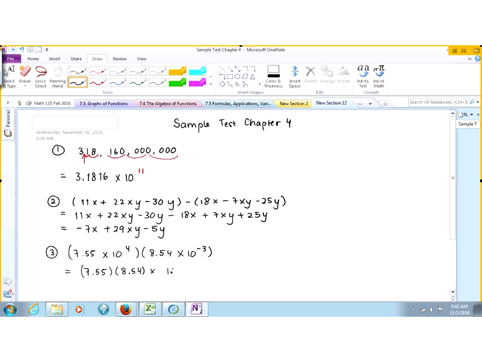What about the exponent? 10 to the 4 times 10 to the negative 3. So 7.55 times 8.54 is 64.477?